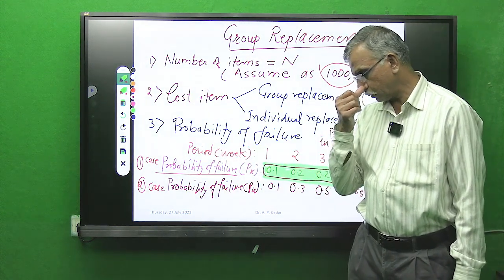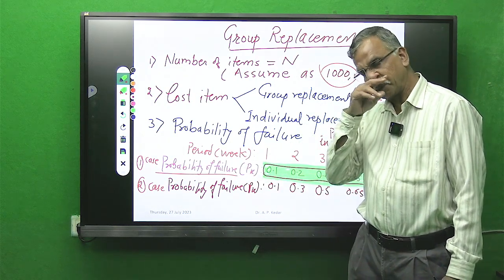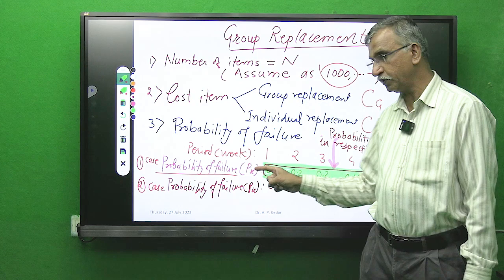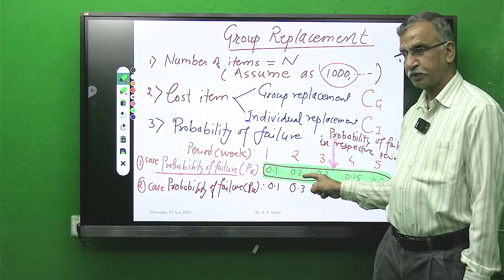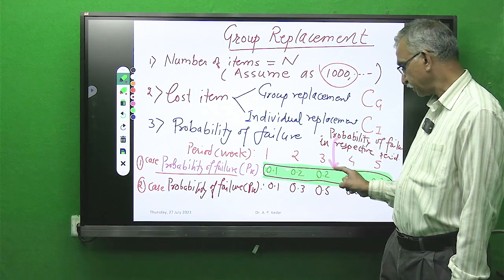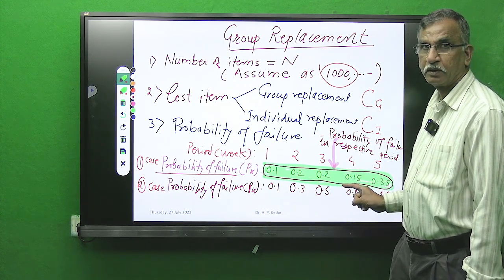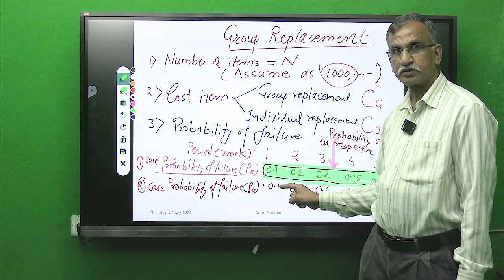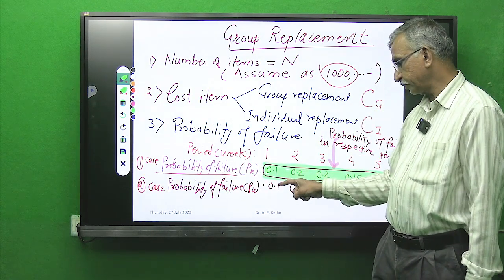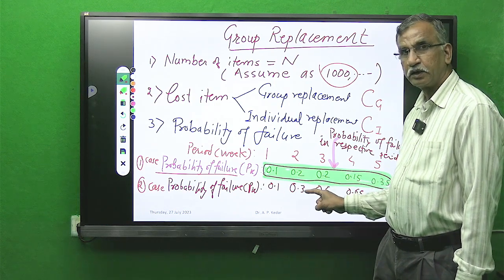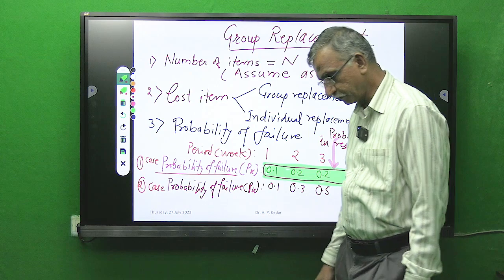The same thing I can write as proportion probability of failure: 10%, 20%, 20%, 15%, 35%. If it is given as cumulative proportion, 10%, 30%, 50%, 65%, 100%.